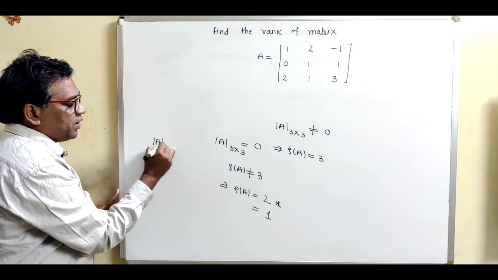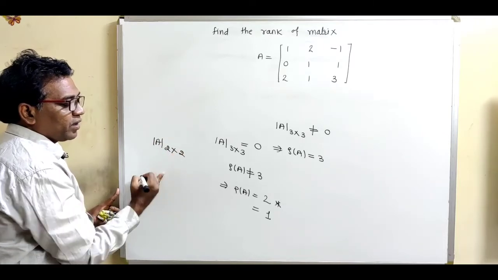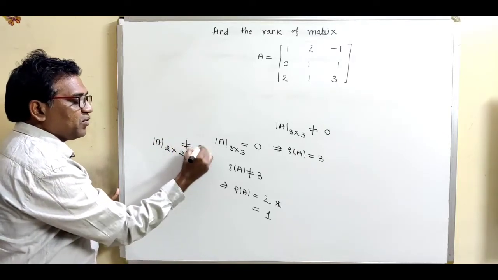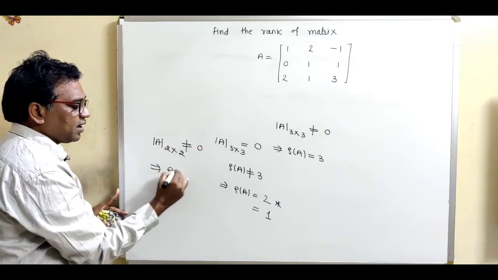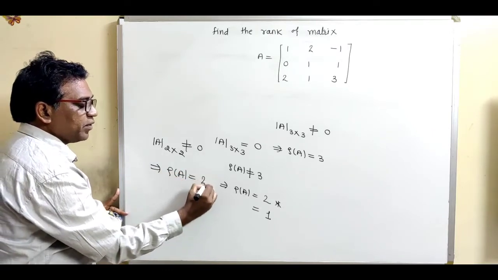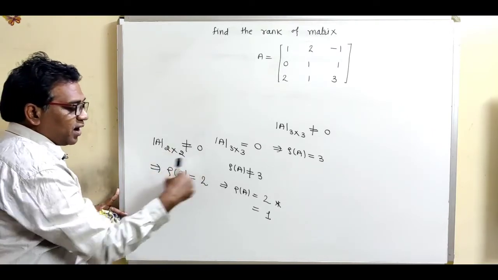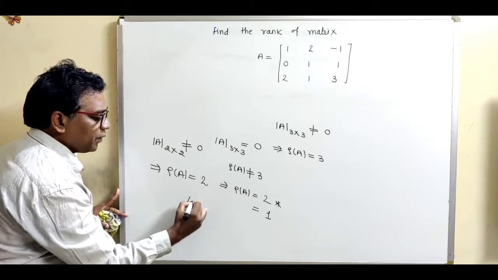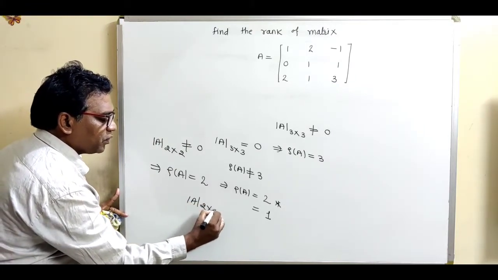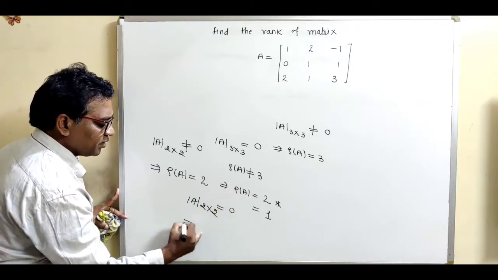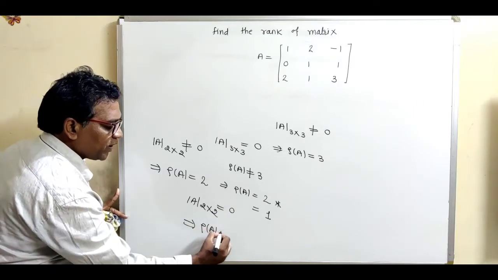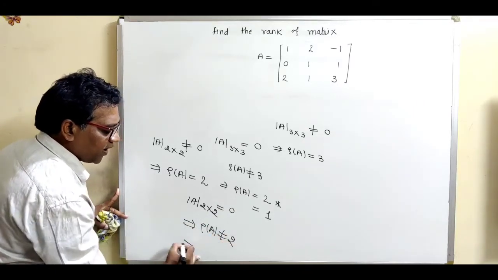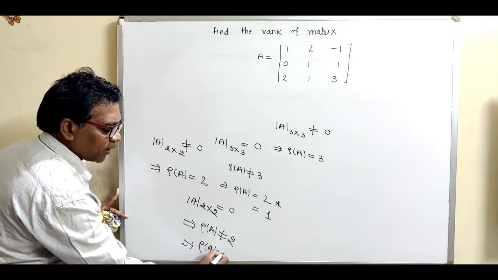Find out the determinant of order 2 by 2. If this is not equal to 0, then we can say that rank of A is equal to 2. On the other hand, if the determinant of order 2 by 2 vanishes, then we can say that rank of A is not equal to 2. So definitely this rank will be 1.